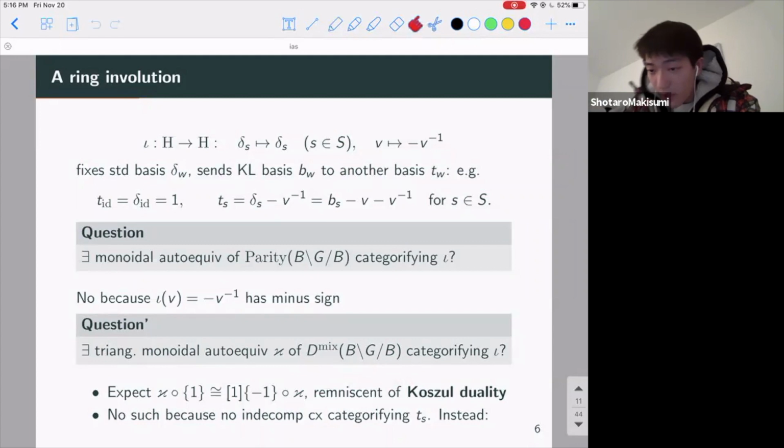And if you look at the behavior of such an equivalence with the two shifts in this mixed category, you can work out from this equation here, because v corresponds to one of the shifts, and -1 is a cohomological shift, that it should have this kind of behavior with the two shifts. And this is reminiscent of something in homological algebra called Koszul duality. So we continue to call the resulting autoequivalence of the Hecke category, or something related, Koszul duality also.